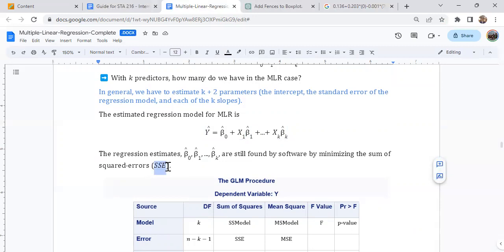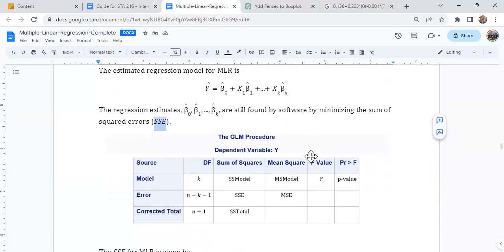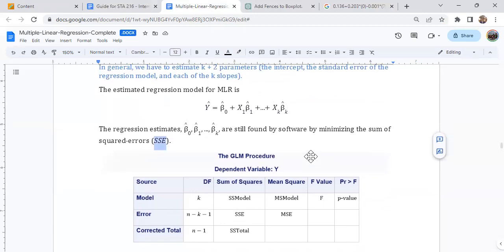That's the solution that SAS gives us for each of these betas, which involves a lot of linear algebra. But with software, with computers, that's not so bad.